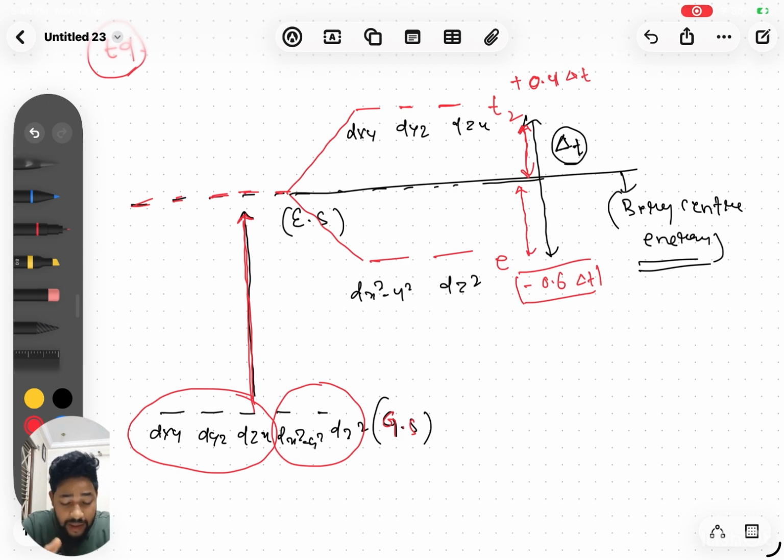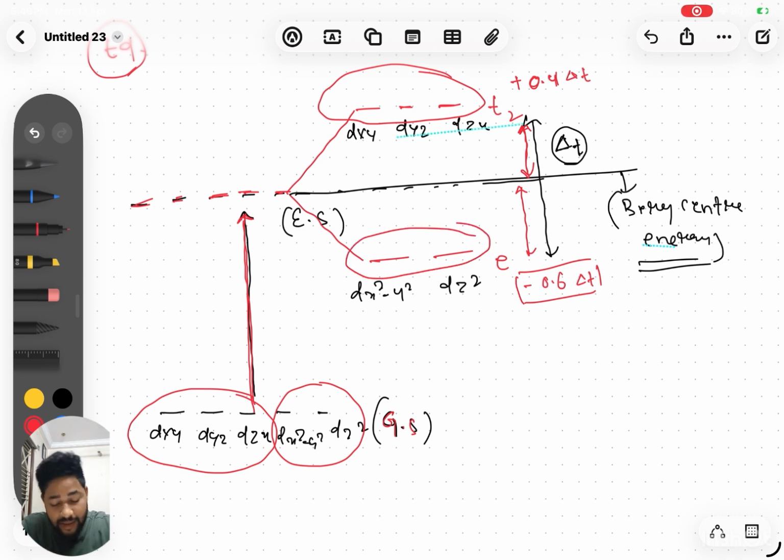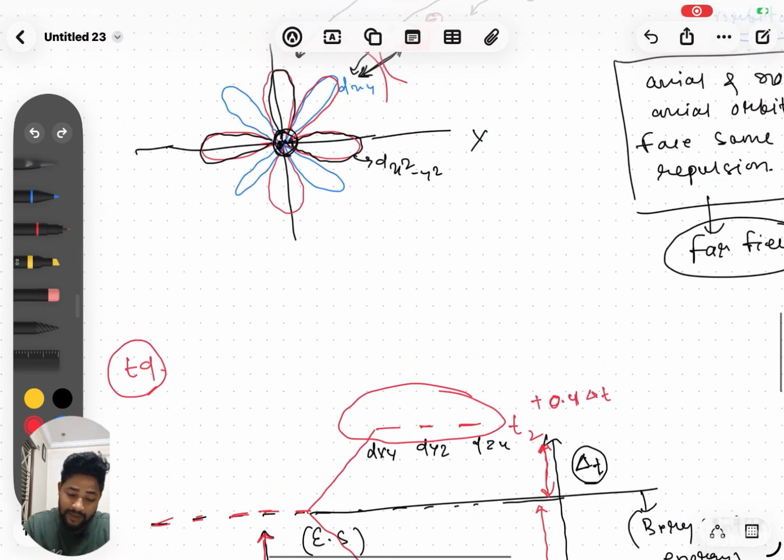Now in the near field, the non-axial orbitals feel high repulsion due to the approach of ligands through the corners. That's why these three orbitals get a higher energy level and these two orbitals get a lower energy level. That is the splitting in a tetrahedral complex. That's it.